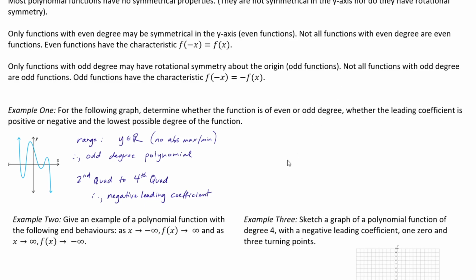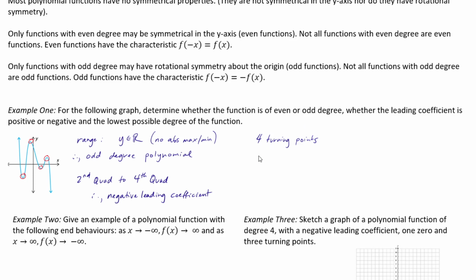And then it says the lowest possible degree of the function. Well, I'm going to use turning points for that. So let's see, how many turning points do I have here? Well, I've got 1, 2, 3, 4 turning points. So I have 4 turning points.